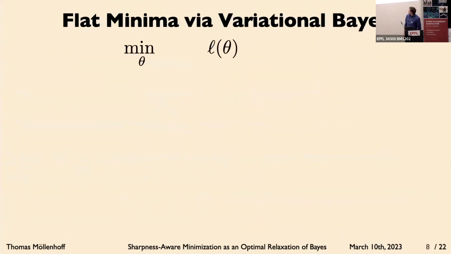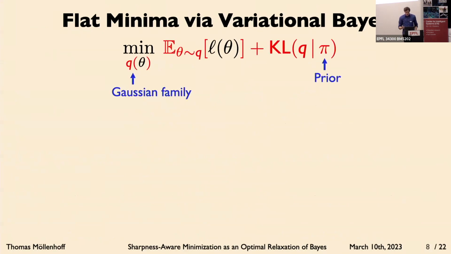So let me introduce the Variational Bayesian approach, which also has a bias towards flat minima. In typical empirical risk minimization, you just minimize your loss function and find your optimal parameter with your favorite optimizer, maybe stochastic gradient descent. In the Bayesian approach, we say, okay, we don't know which is our optimal parameter.